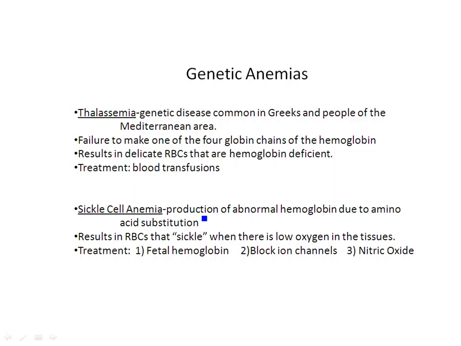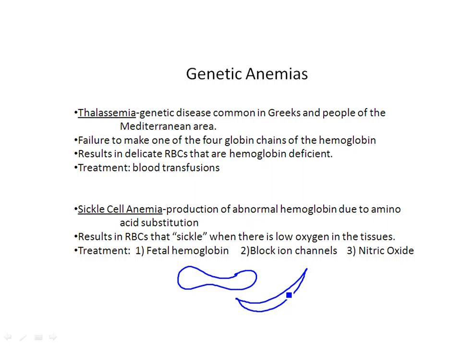But basically what happens is these hemoglobin chains don't work right, and they form rods, and those rods cause that red blood cell that's normally of this biconcave disc shape to kind of turn into a sickle shape like that.